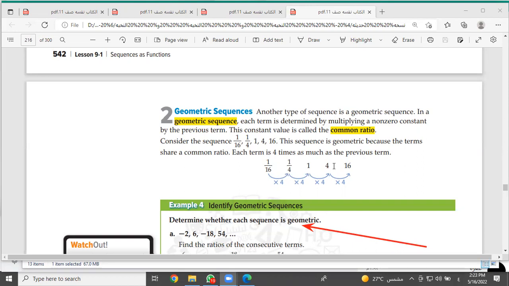You have to differentiate between the arithmetic sequence and the geometric sequence. In the arithmetic sequence, there is a common difference between any two successive terms, but in the geometric sequence, there is a common ratio between any two successive terms.